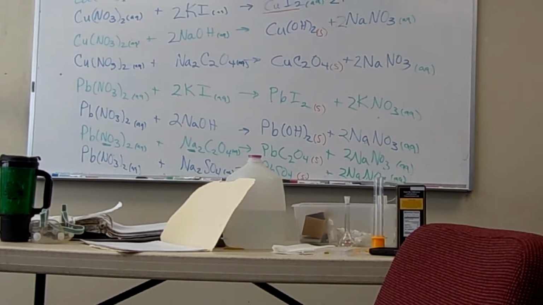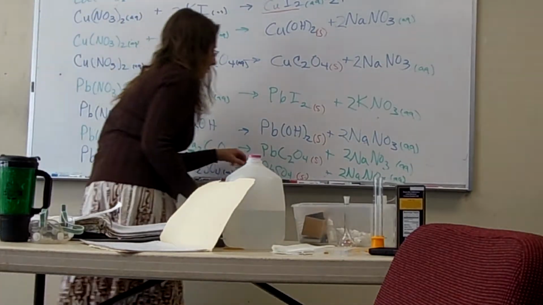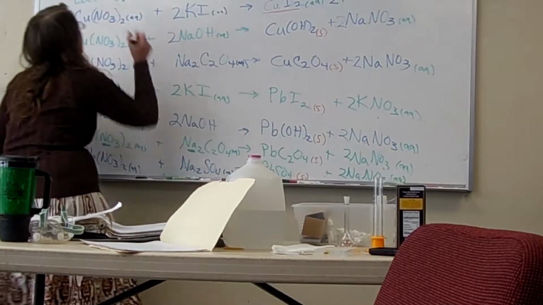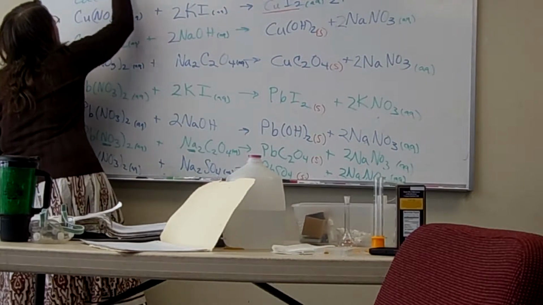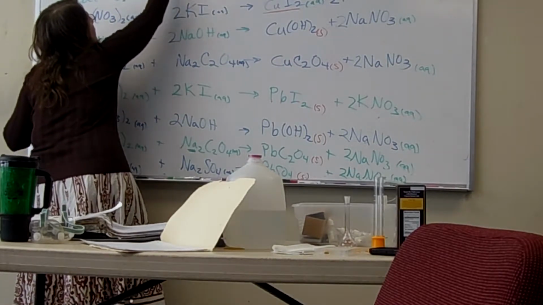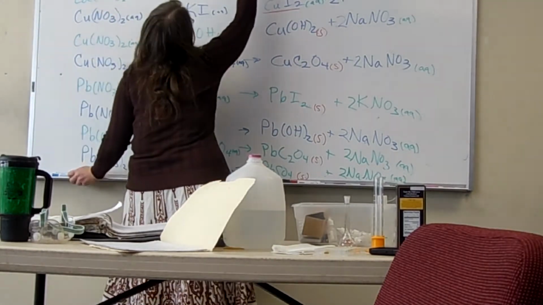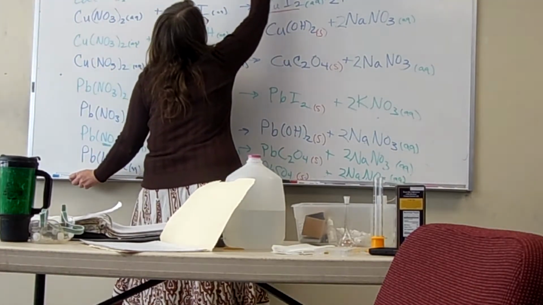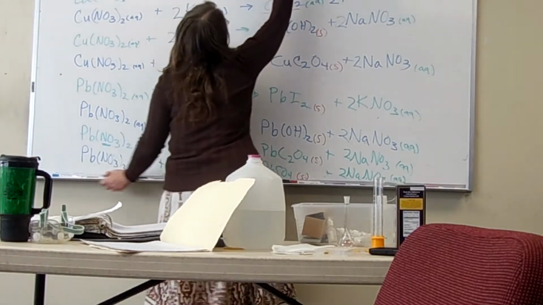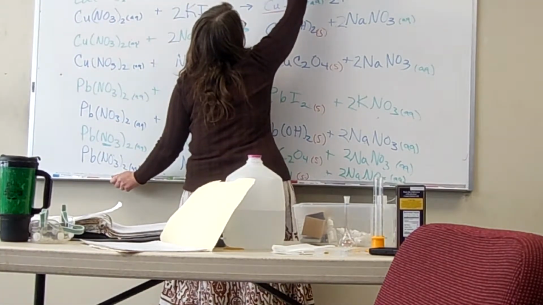So, like Liam, if we do potassium iodide and zinc nitrate, I'm going to write just this one in black here. So potassium iodide plus zinc 2 nitrate, and that's going to give us zinc 2 iodide and potassium nitrate.